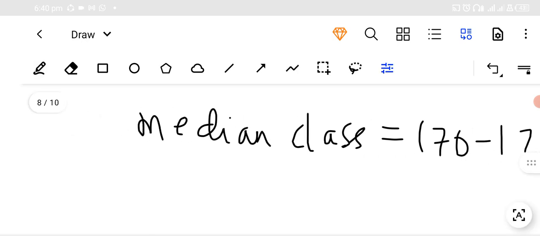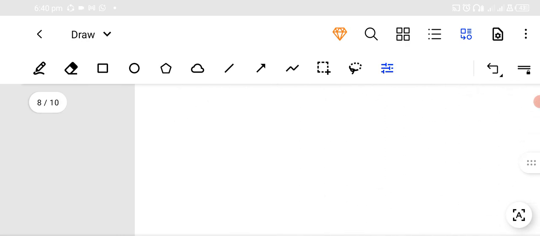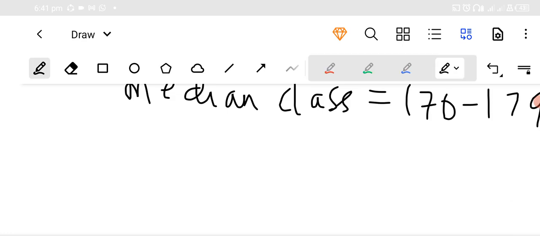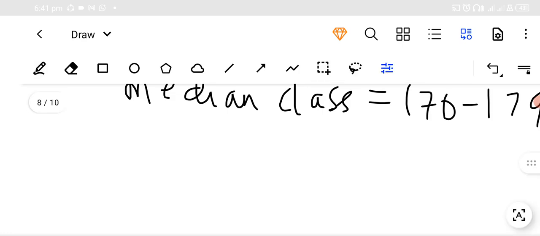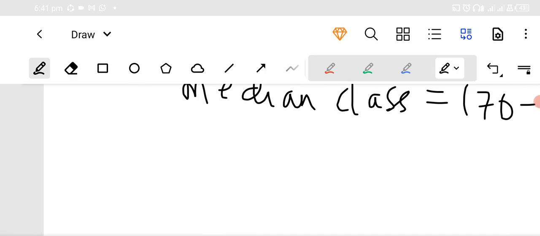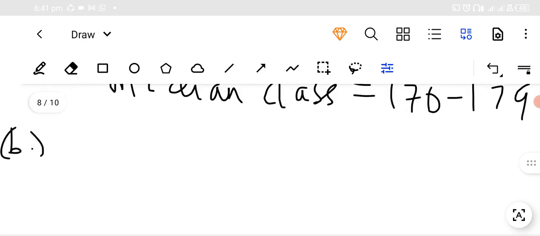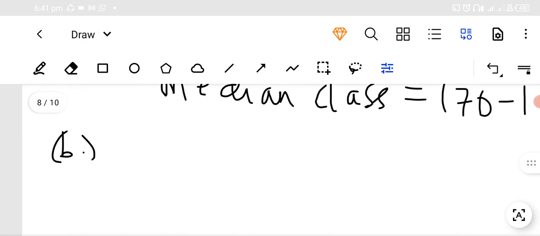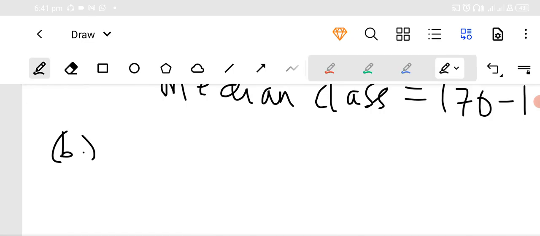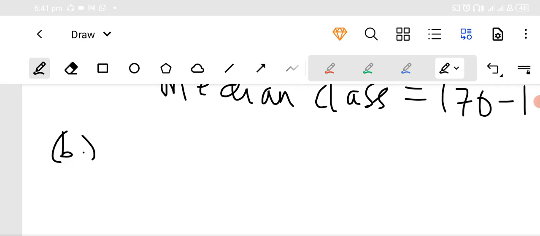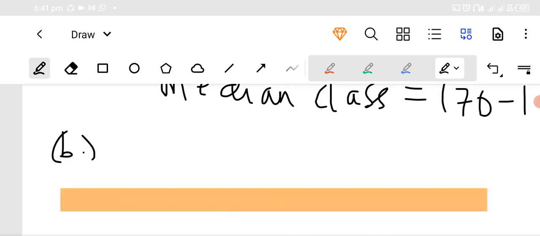Then let's now go to B. We're just going to set up the table method. So we're going to draw the table. Let's do this like that. Oh, that's bent.